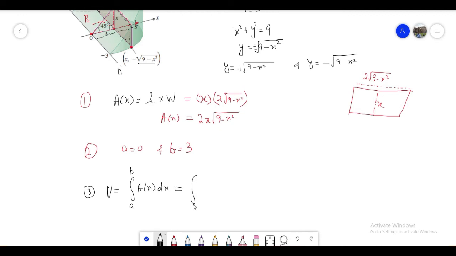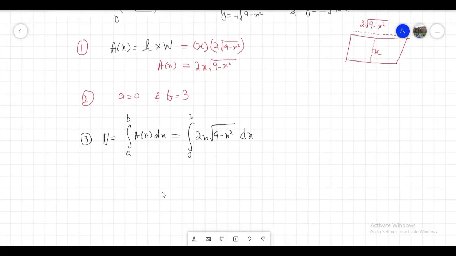which is equal to the integral from 0 to 3 of 2x root of 9 minus x squared dx. You can easily solve it by substitution.